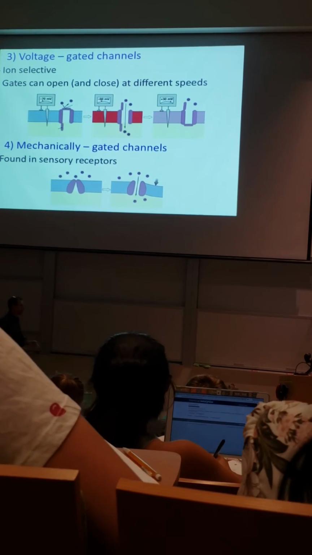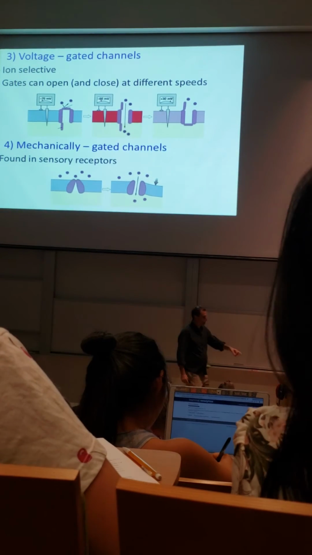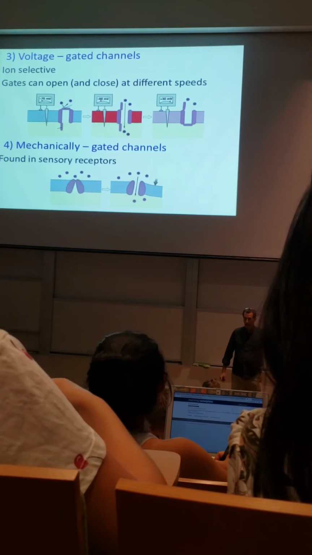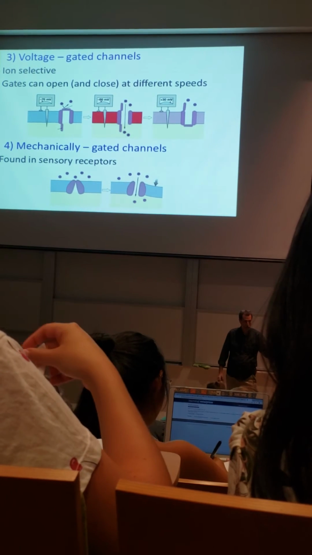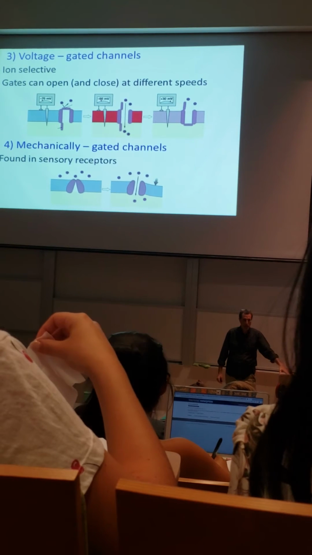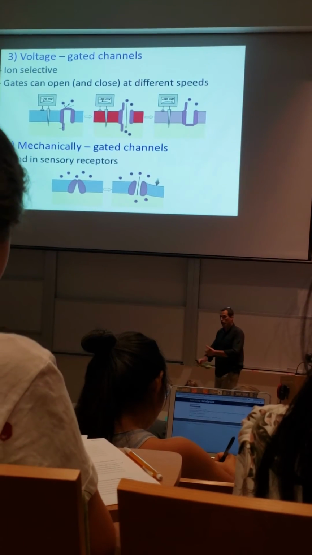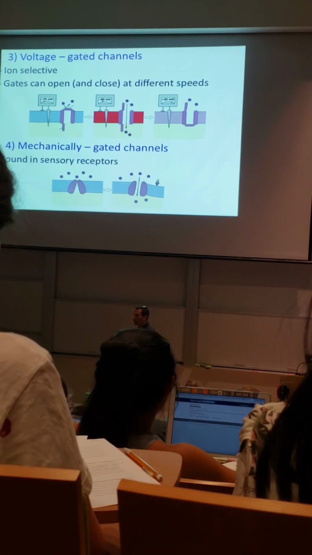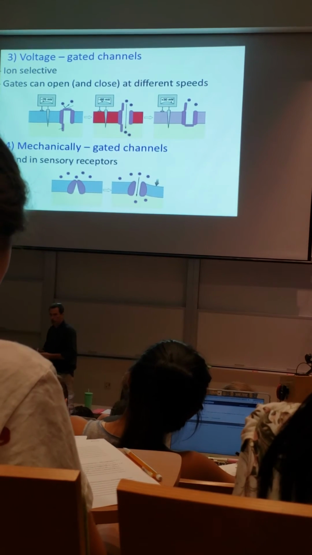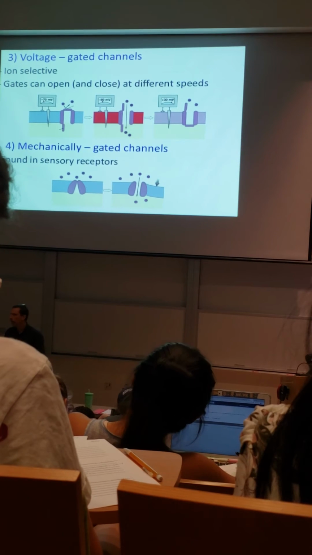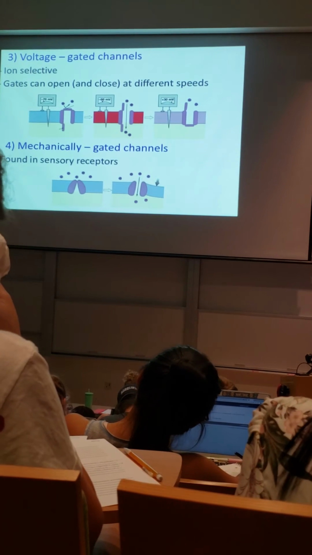If I'm now touching the podium right here, what I have are channels. They are receptors, but molecularly they are channels that are opened physically because I bent my finger, and as a result they will allow a stream of ions to move in or out, depending on the ions themselves. In this case, mechanically gated channels.